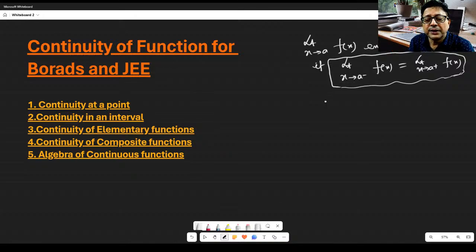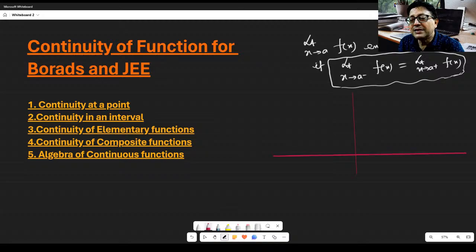So when there is a limit existing at a point, then we can say that just before or just after the point, the limiting value of the function exists.